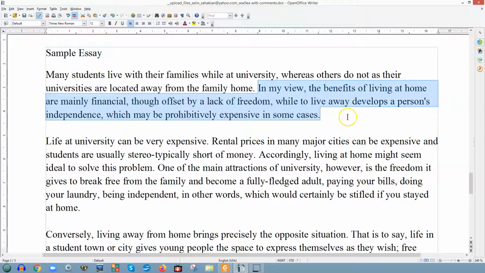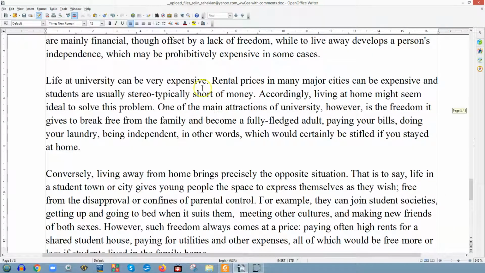In my view, the benefits of living at home are mainly financial, offset by a lack of freedom, while living away gives a person independence, but it may be expensive. So instead of that, this essay will tell you some advantages and disadvantages. I tell you what they are. Main idea, short and simple. Life at uni can be expensive. Develop it. Rental prices, especially. So, accordingly, living at home would be ideal because you don't pay rent.